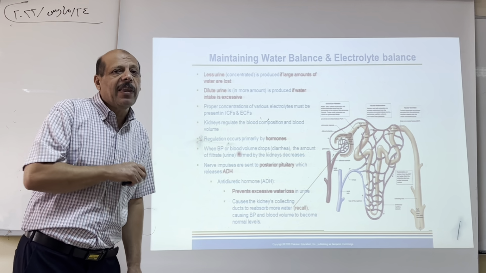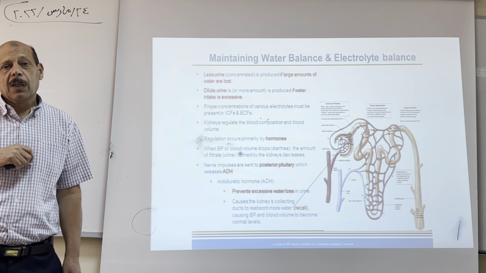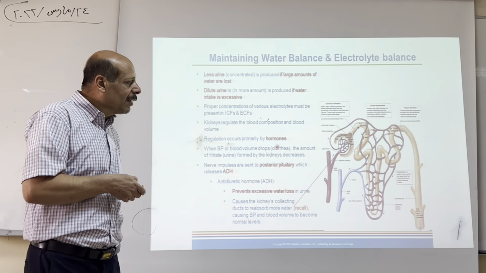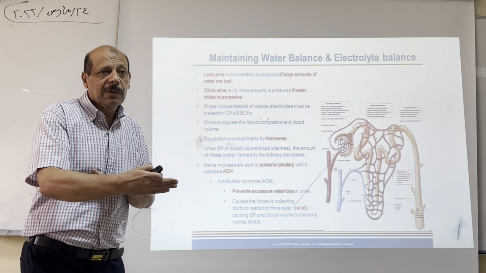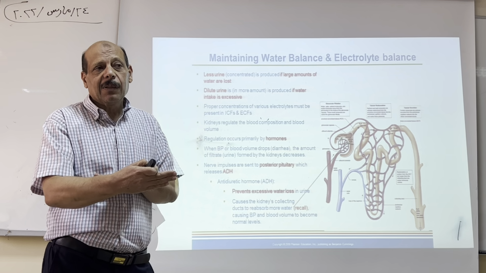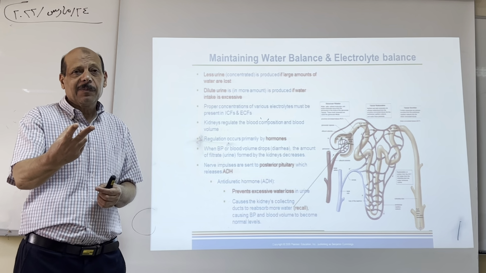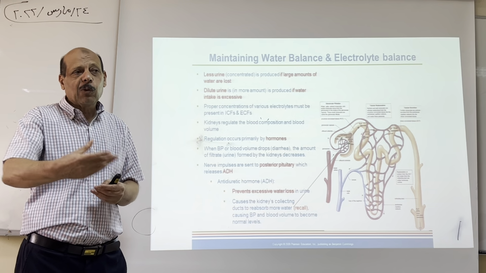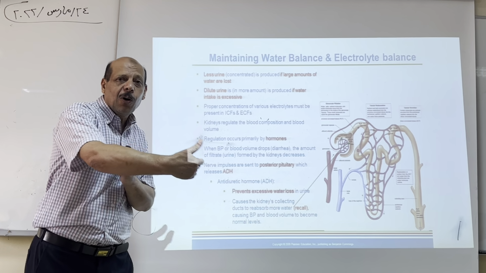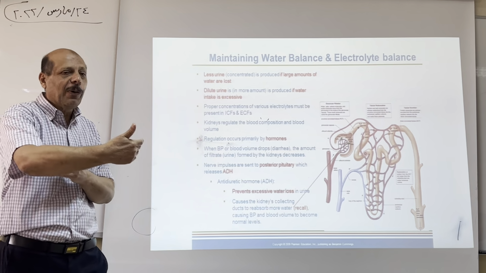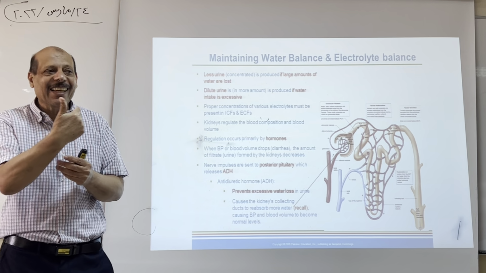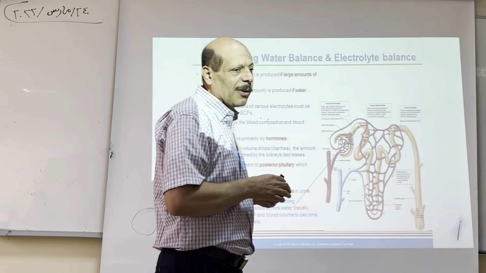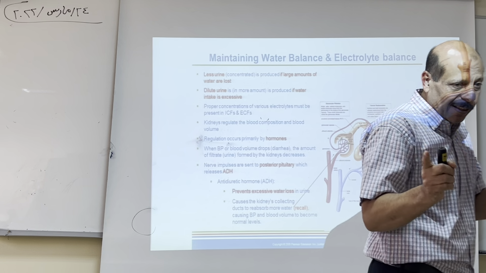If the kidney is not working well, what will happen? There are two possibilities. Either it will excrete more fluid, or it will not excrete a sufficient amount of urine.